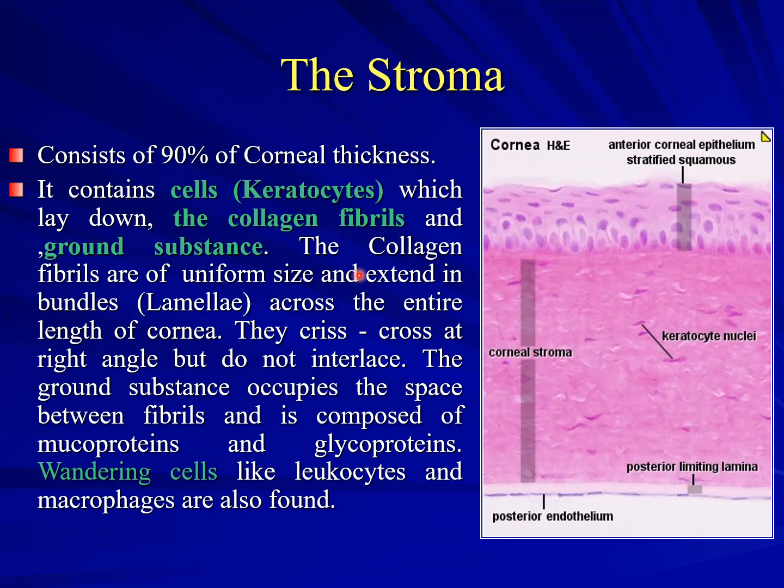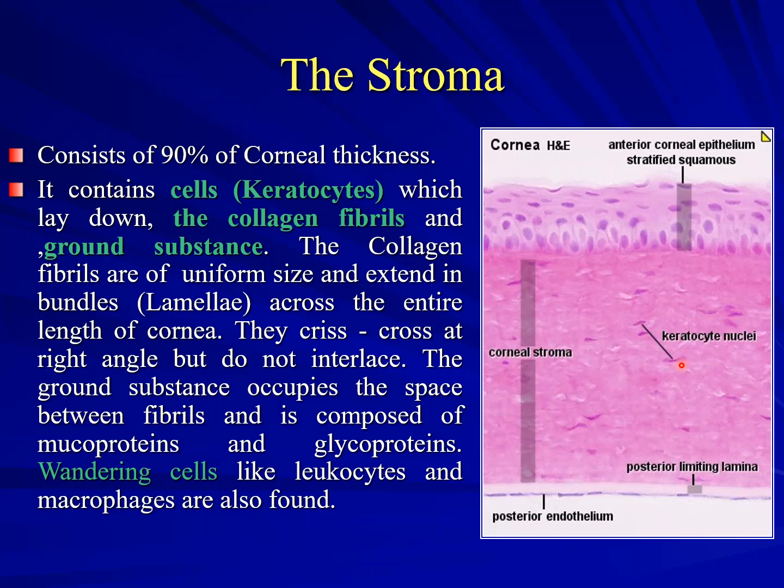The stroma consists of 90% of the corneal thickness. It contains cells called keratocytes, which lay down the collagen fibrils and ground substance. The collagen fibrils are of uniform size and extend in bundles called lamellae across the entire length of the cornea.